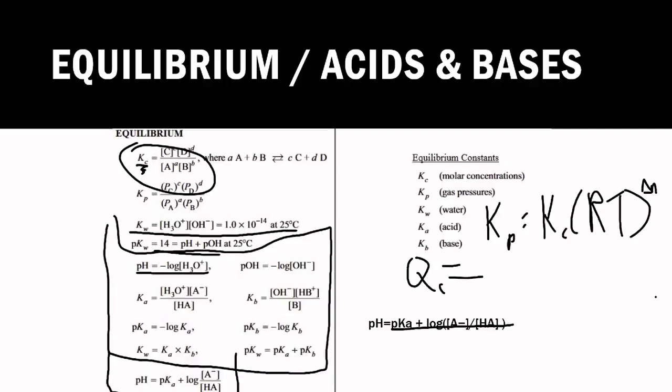Which means the equilibrium constant for concentration, which you can calculate, multiplied by the gas constant, which is on your formula chart, times the temperature, which is in Kelvin, once again, to the power of the change in moles. So it would be moles of your product minus moles of your reactant. And this equation, as far as I've seen, is not on the chart, but it should be because it's pretty important and we use it for a lot of problems.